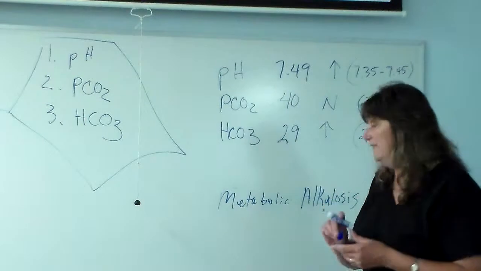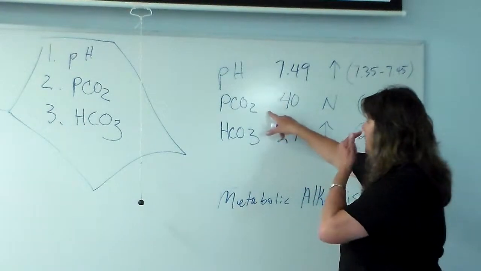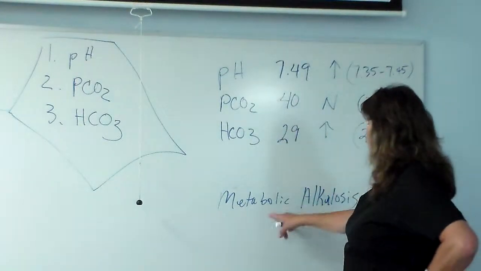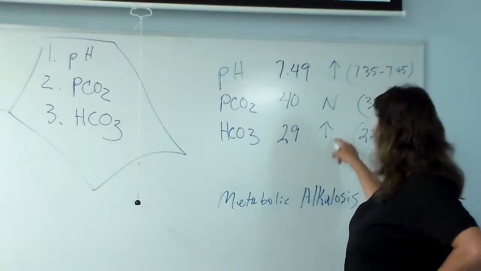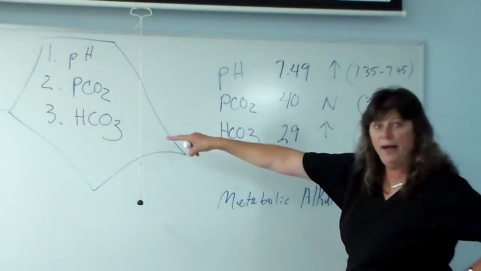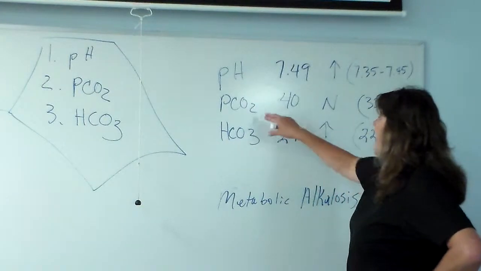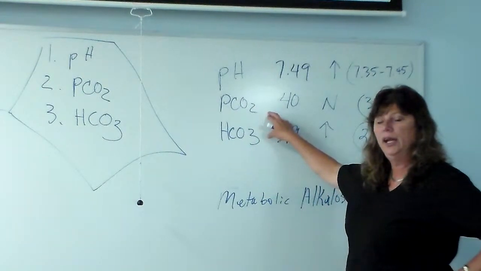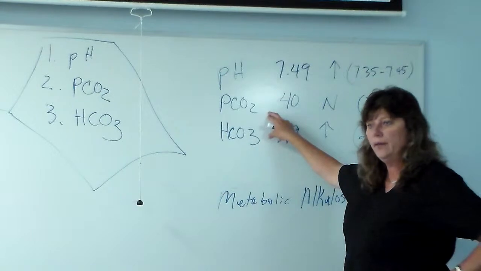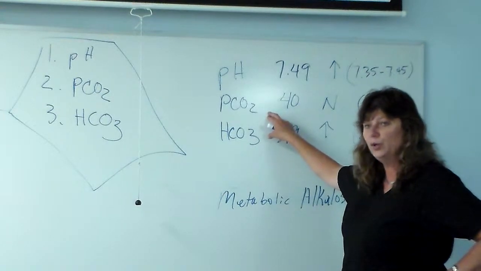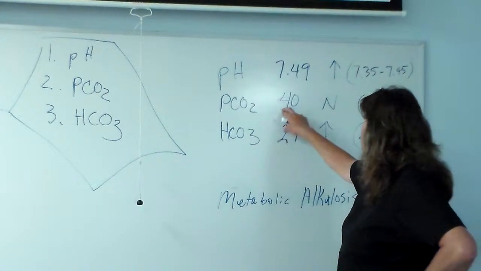By that, I mean that if we know this is metabolic alkalosis because both of those arrows, metabolic equal, are going up. All right? Now the lungs are going to kick in and the respiratory system is going to really try to compensate for this.